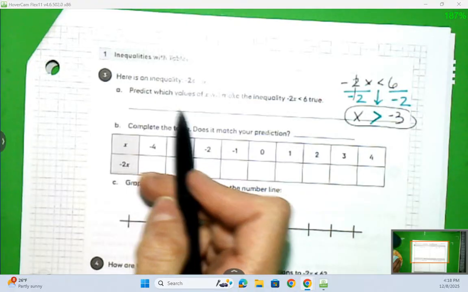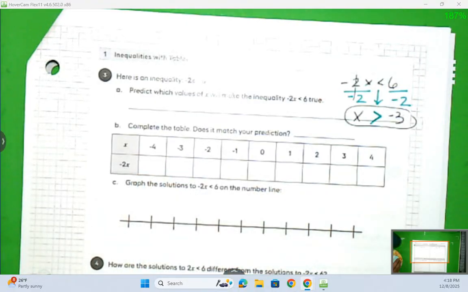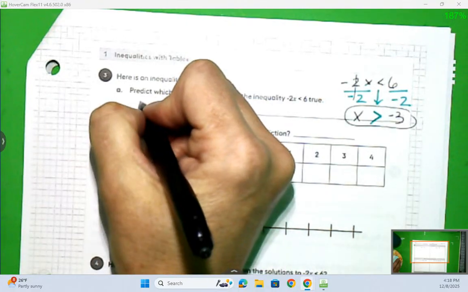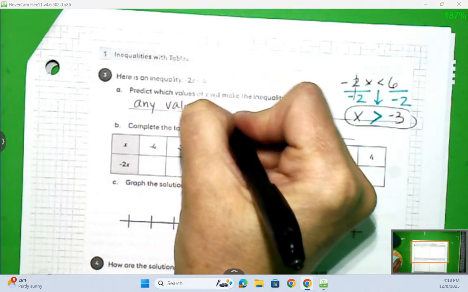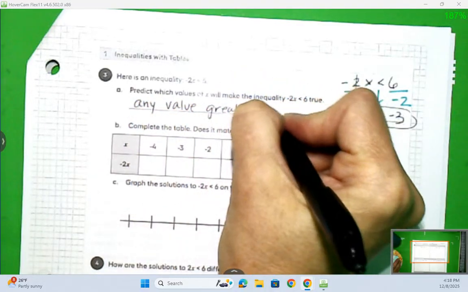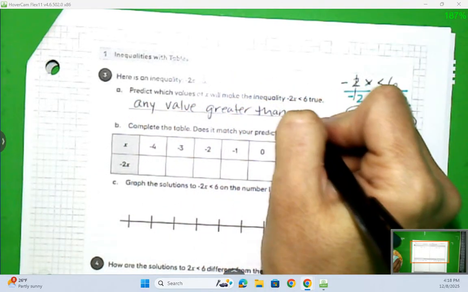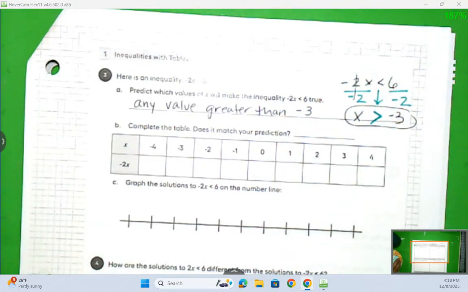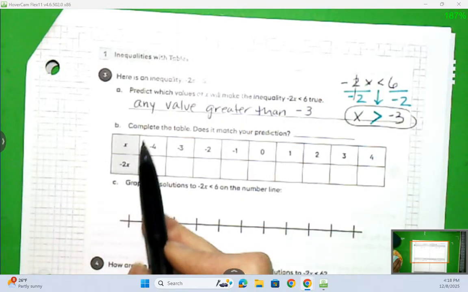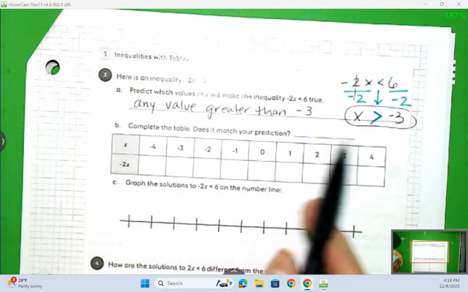So predict what your answer would be there. It's going to be any value greater than -3. Okay, we're going to be filling in the table. Does it match your prediction?